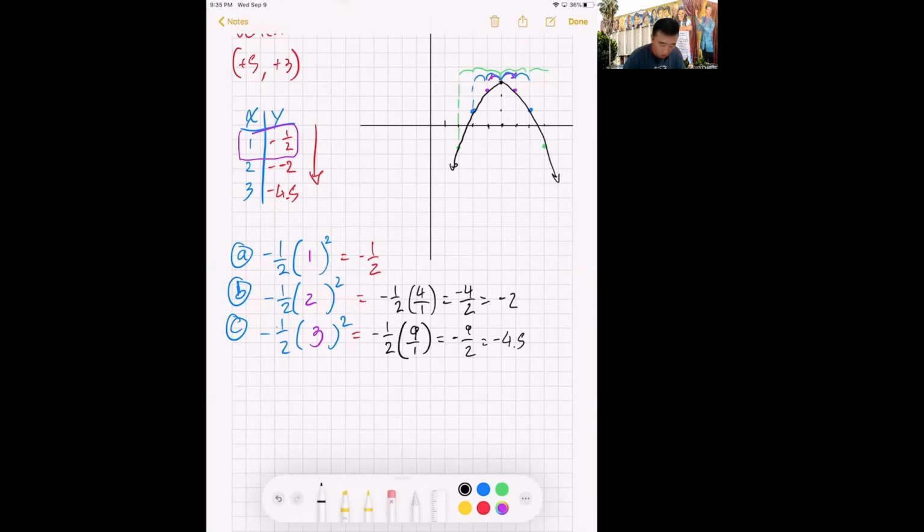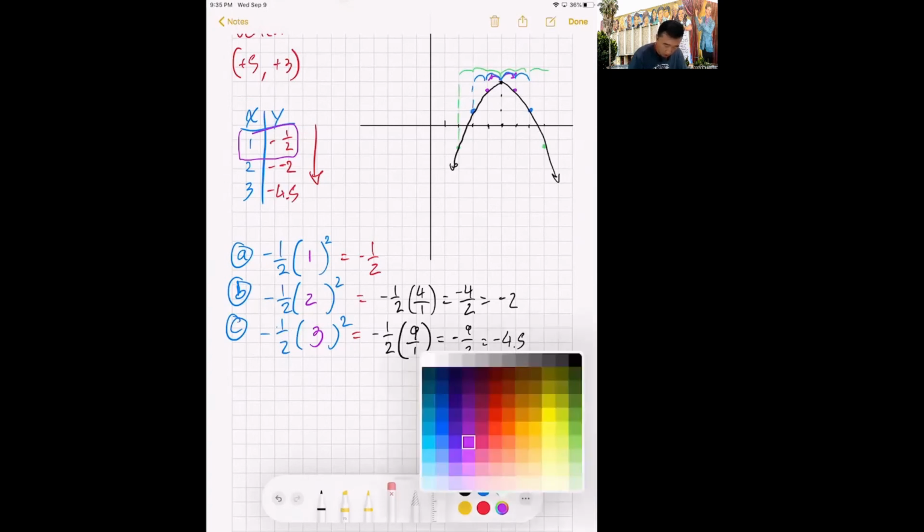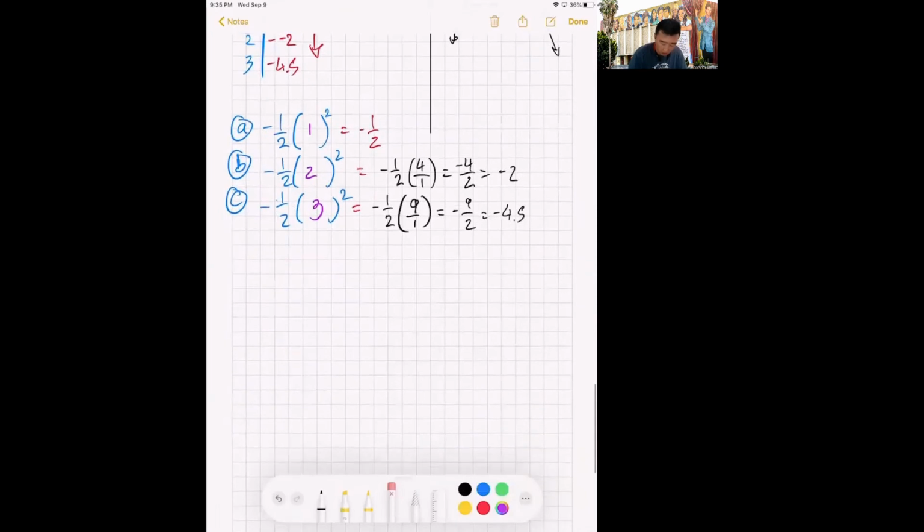All right. You could have easily picked, and I would suggest you could easily do this instead of those numbers, you can go by 2s. So you could have done A, B, and C, negative 1/2, negative 1/2, negative 1/2.